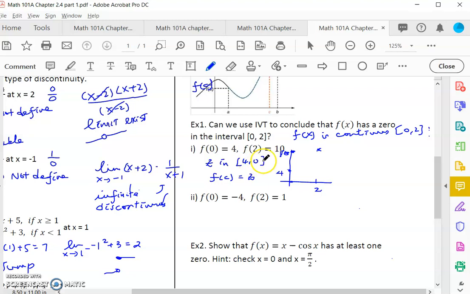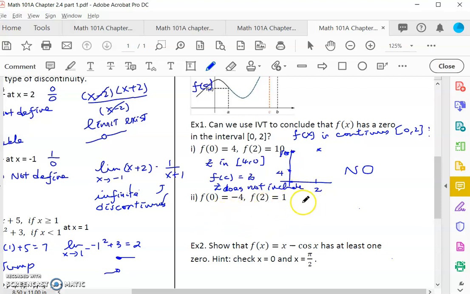These are just from 4 to 10. The values are in 4 to 10 only, which does not include 0. So we cannot guarantee that there is a 0 between 0 and 2. So it will be a no. Unless f of a is including 0, then it is not.